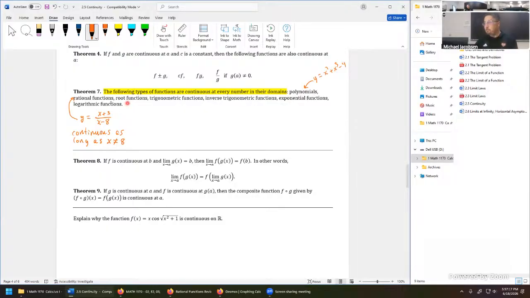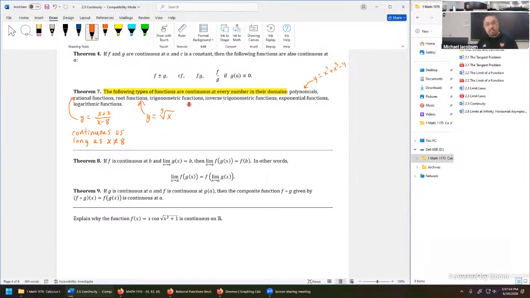And then so on. By root functions, we mean functions along the lines of y equals, maybe, the 5th root of x. This one's continuous on its domain. This one has domain all real numbers. Trigonometric functions like sine, cosine, tangent, secant, cosecant, and cotangent are all continuous on their domains. But only sine and cosine have domain all real numbers, unlike the tangent one we were looking into.